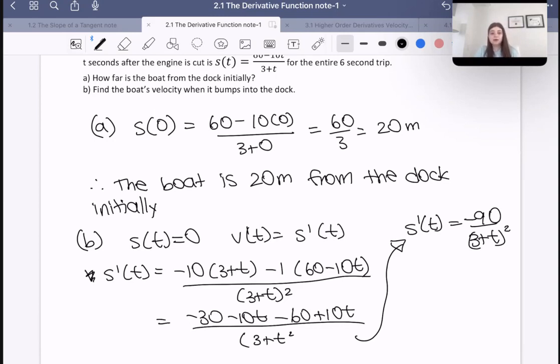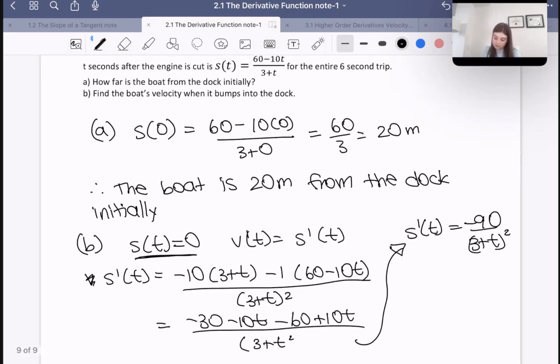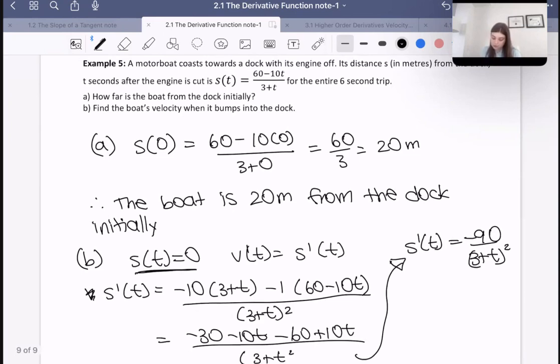And therefore, if we would like to find the answer to the question, we need to first say, when is this true? What time is this true for? If we solve that, we would find out that the time would be 6. This is true when time is 6. The entire 6-second trip is also a clue for that.